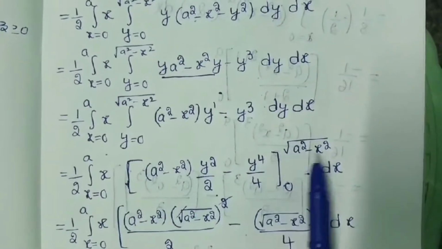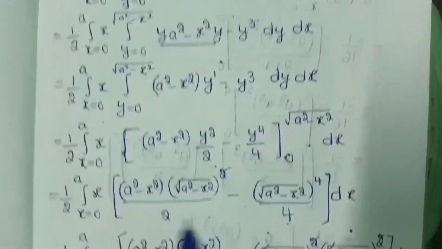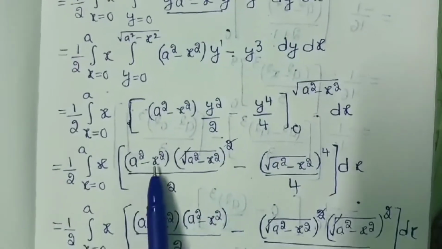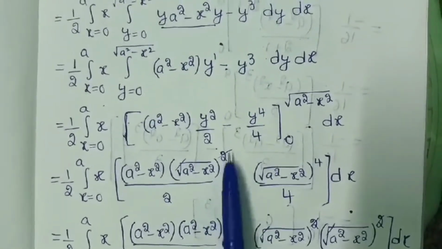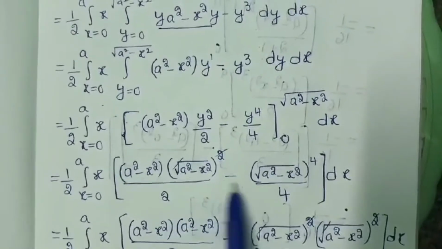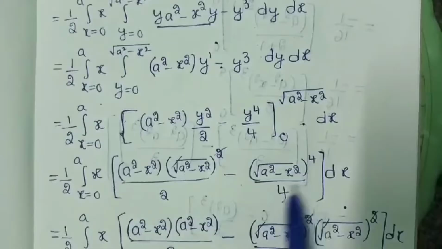Next we apply the limits, which is upper limit minus lower limit, which is shown as a square minus x square into root of a square minus x square whole square by 2, here root square is cancelled by 2, minus root of a square minus x square whole power 4 by 4.